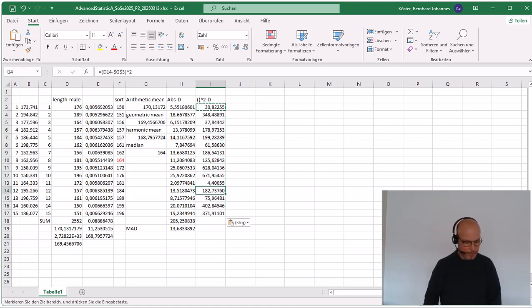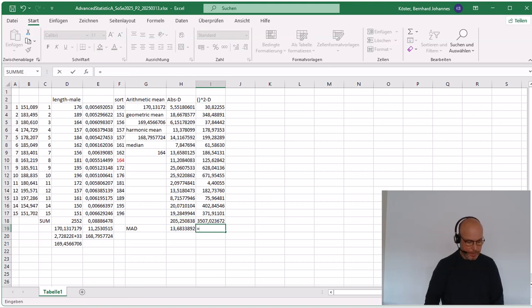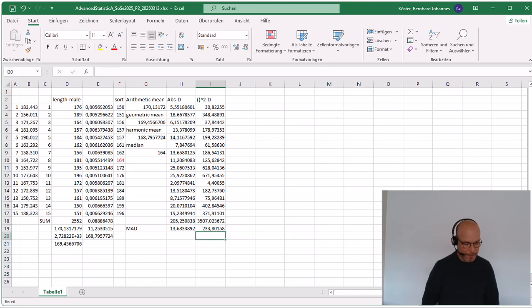Again, summing up and dividing this number by 15. So this is then the variance.